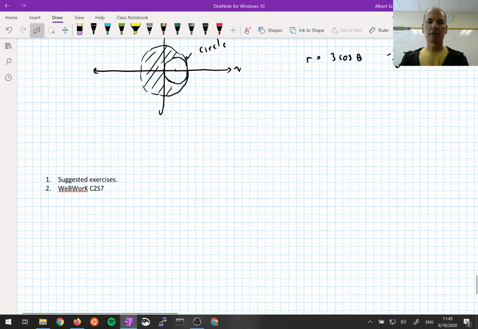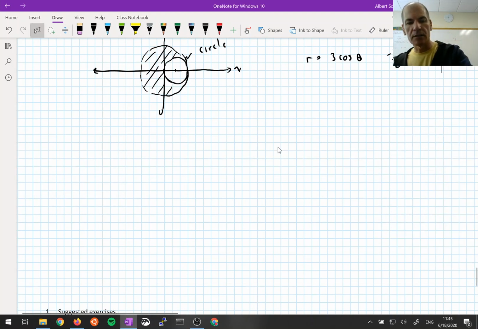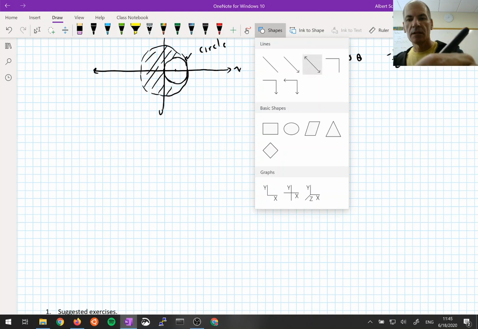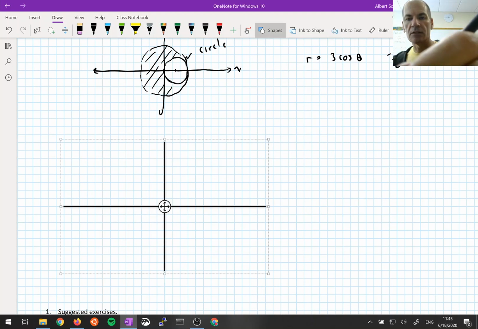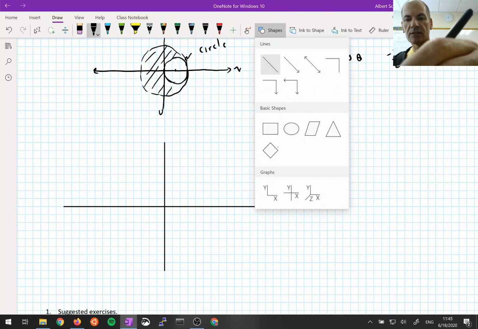This is a nice review of polar coordinates. So focusing on this circle, I wonder if I can be a little bit more precise here. Let me try to draw some shapes. Let me draw some axes first of all. And let me see if I can draw a circle.